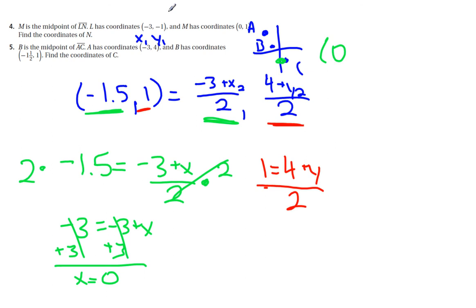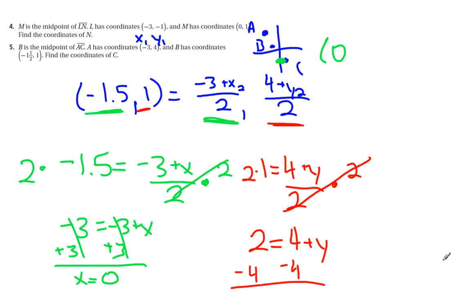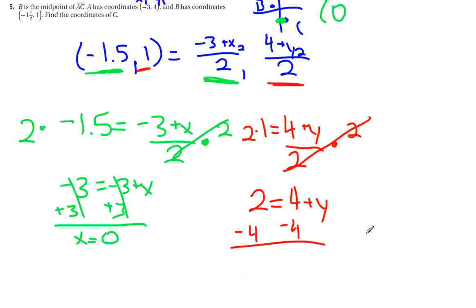Oh, man, I'm falling asleep over here. Okay. Times 2 on both sides. You can tell it's been a while since I've done math professionally. So 2 equals 4 plus y. To get y by itself, we've got to subtract 4, minus 4. And 2 minus 4 is negative 2. So y equals negative 2.